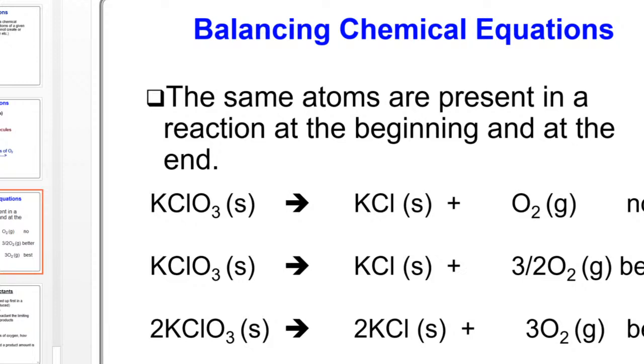So if you look at this equation, potassium chlorate giving you potassium chloride plus oxygen, the first reaction equation is not balanced, because on the left-hand side we have 3 atoms of oxygen, and on the right-hand side there are 2 atoms of oxygen.